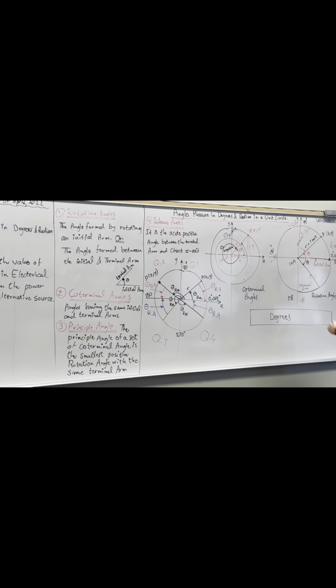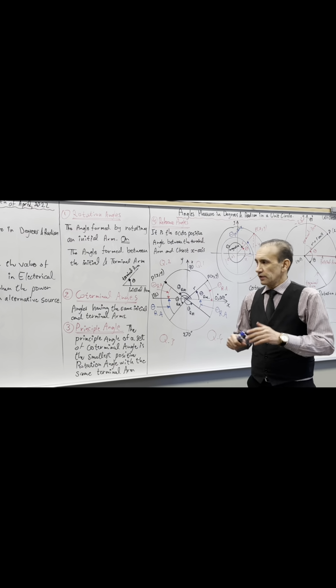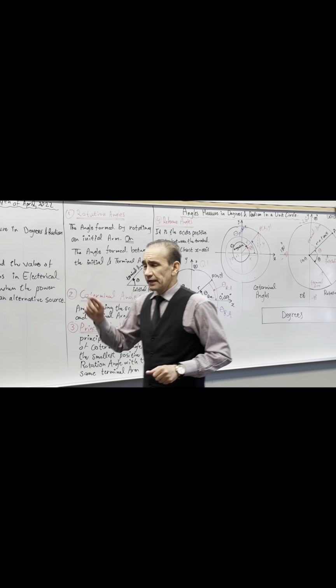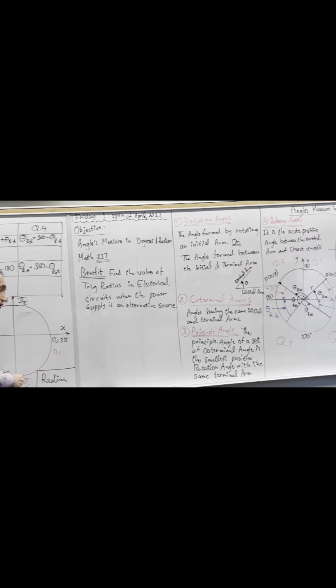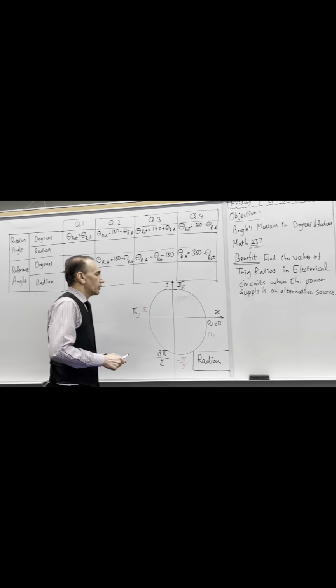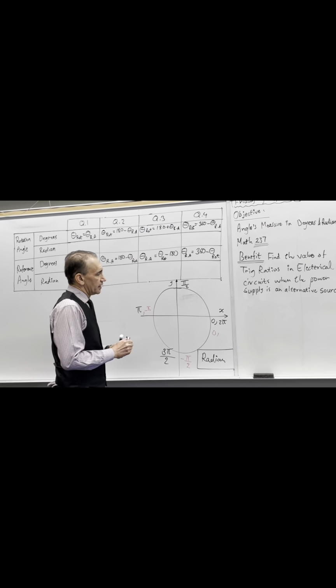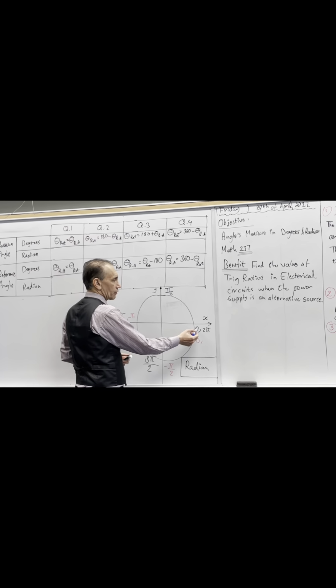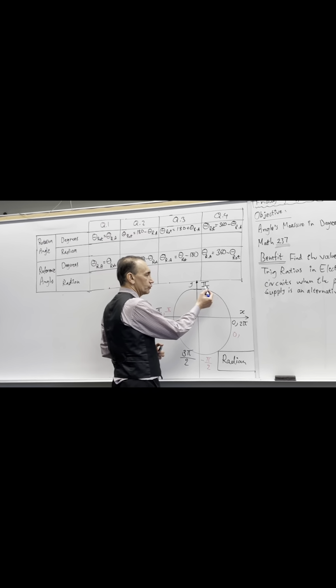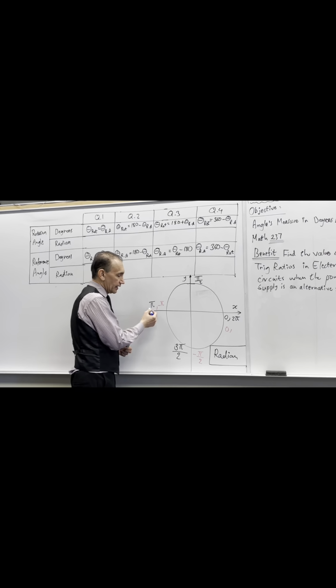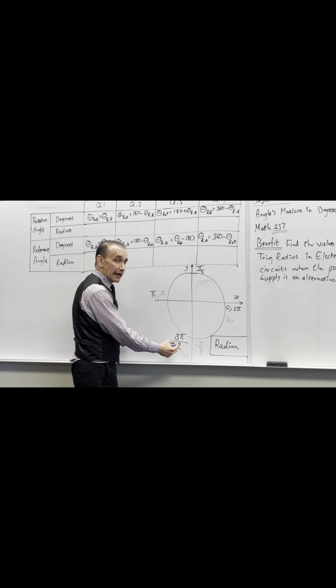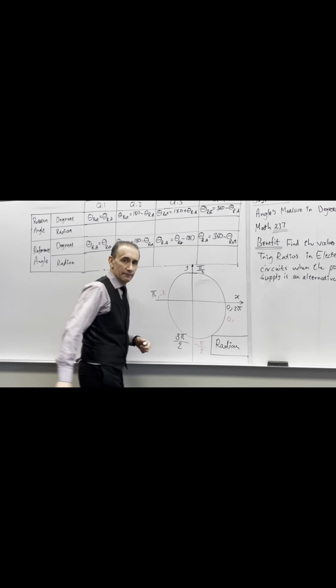The second part of this lesson is the measure of the angles in a unit circle, or the measure of the angle in radians in the unit circle. So now, if I plot the circle for you, at the beginning here we have 0, here is pi over 2, here is pi, here is 3 pi over 2, which is 1.5 pi, and here is 2 pi.